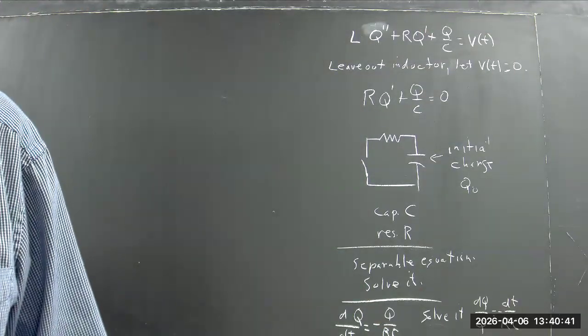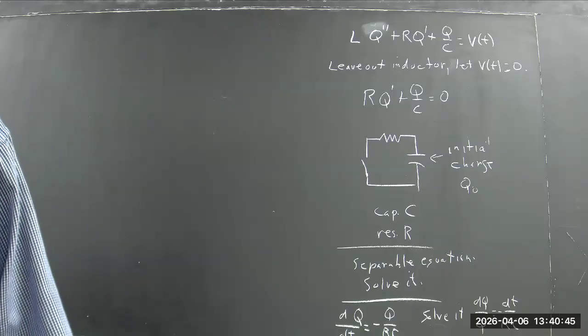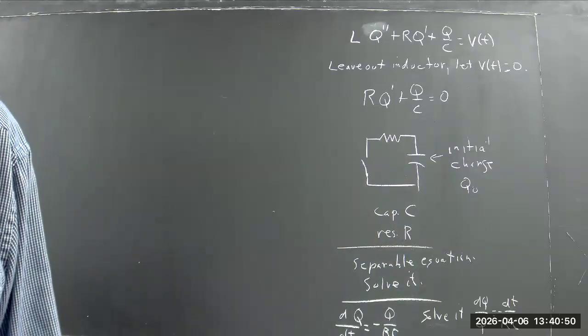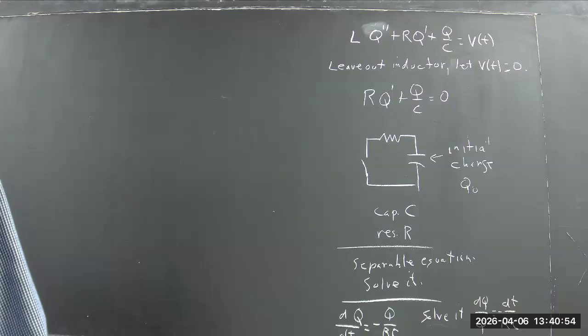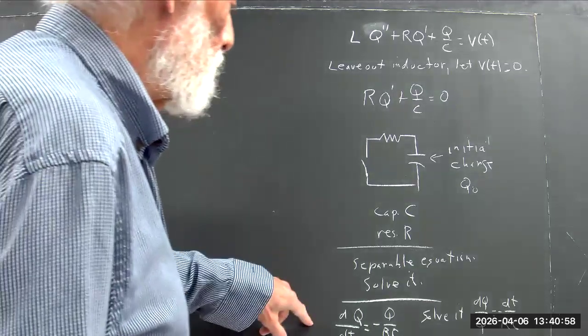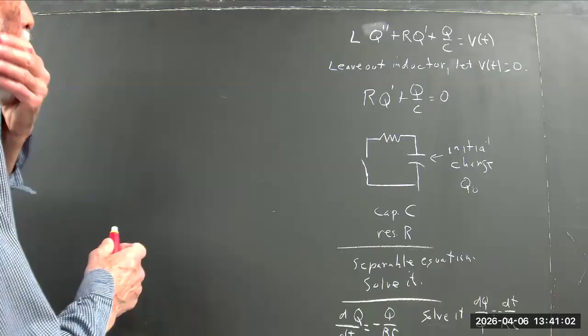It might have been from a mechanical system instead of an LRC, a spring mass dashpot system. But it's the same equation, just different interpretation, different symbols. So you need to be able to solve that.